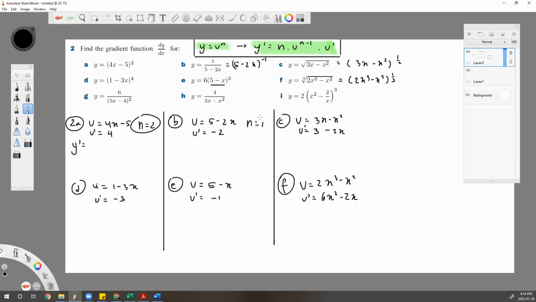So I list down all the numbers, all the useful things in this n, u, and u accent. N equals half, right? See for question C. Question D, n equals 4, right? Slow but sure. N equals 3, n equals 1/3.